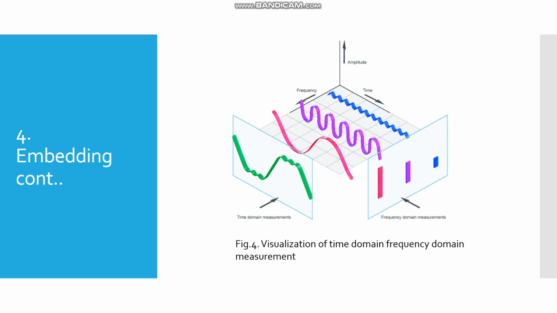From the frequency domain perspective, all three waves are visualized separately in frequency. So our research is on the frequency domain measurements, and we are going to carry that out.